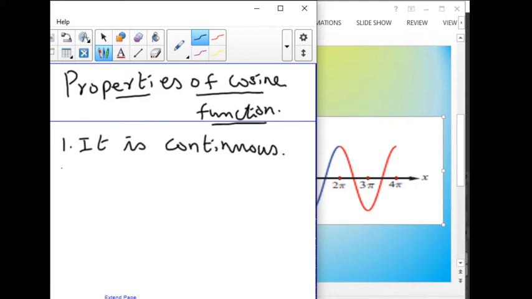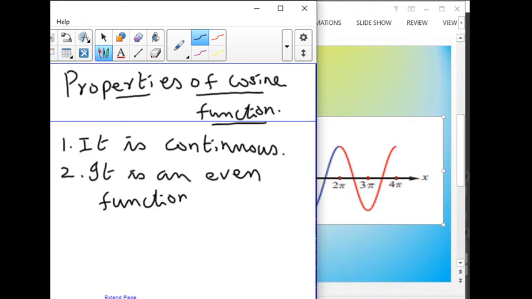Then, it is an even function. So, even function, cos of minus theta is equal to cos theta. That is f of minus x is equal to f of x. Therefore, it is an even function.